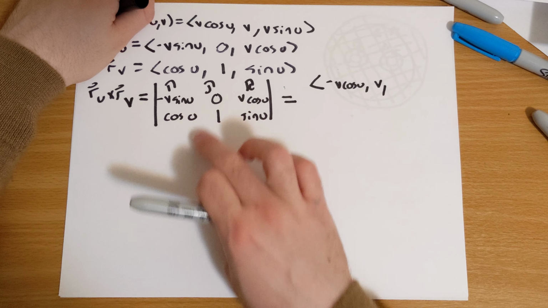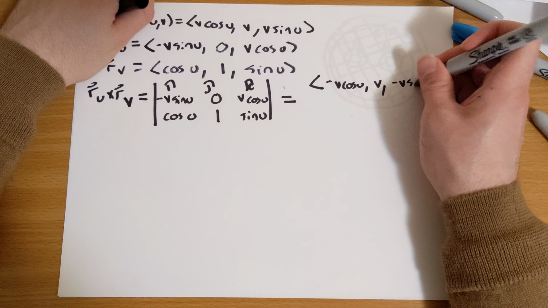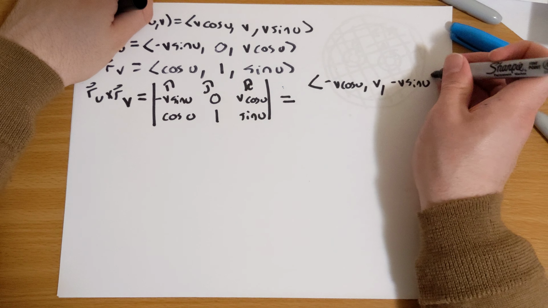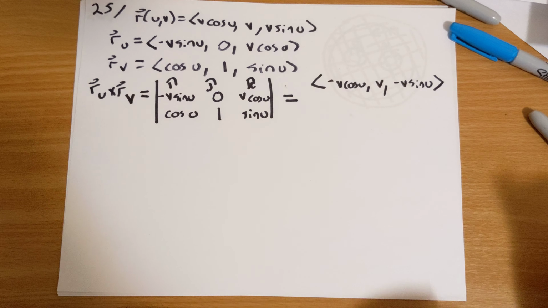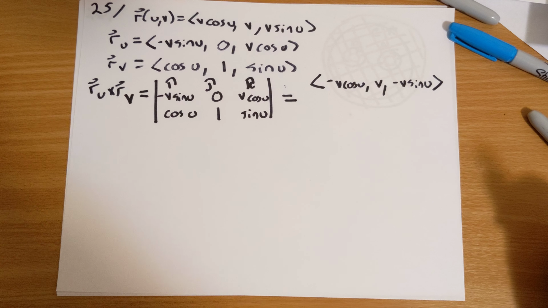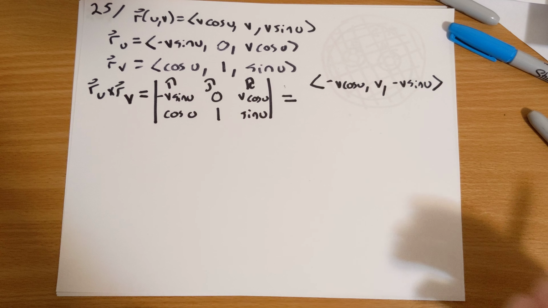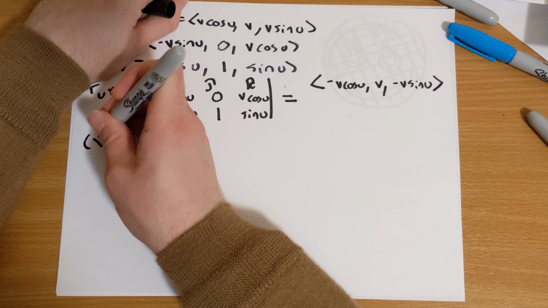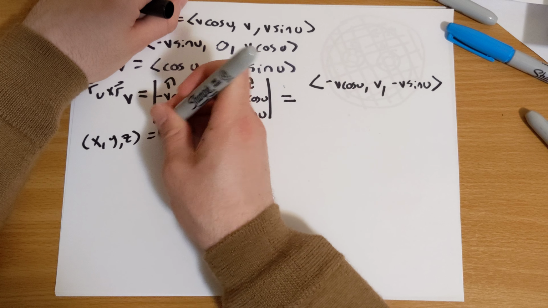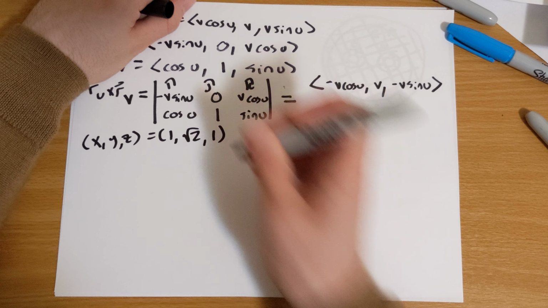The k hat component will be negative v sine u minus 0. So this is our normal vector. Well, we have to find a normal vector at a particular point, at the point 1, square root 2, and 1. So x, y, z are 1, square root 2, and 1 here.